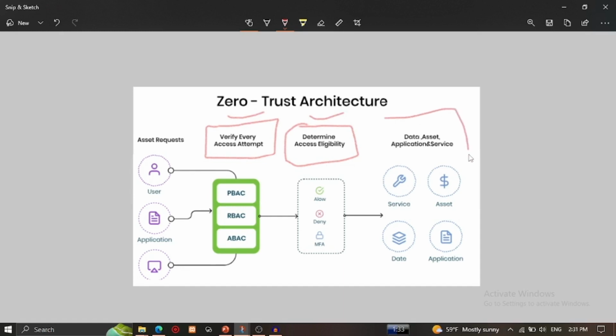The third is which surface or which zone this individual user is eligible for, whether to a service, to an asset, to data, or to an application. So it's determined in such a way. Zero trust architecture ensures the security.